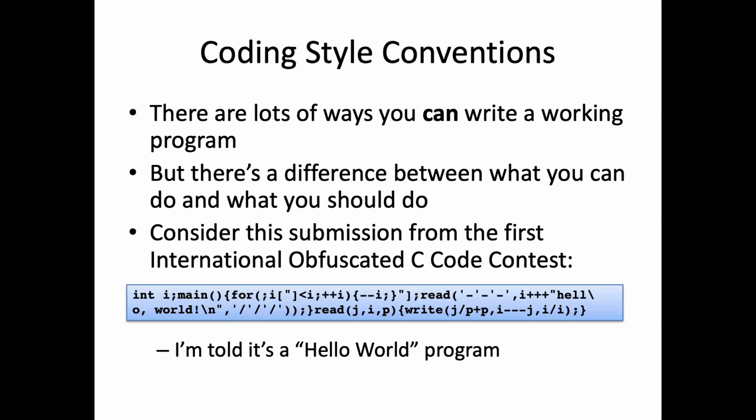In fact, C lets you write such potentially cryptic code that they've had a contest for writing deliberately obfuscated C code called the Obfuscated C Code Contest. I don't know if they're still having this. I haven't checked on it lately, but this is an early winner of this contest. This was a legal C program that prints out hello world. It's just not super obvious that that's what it does.